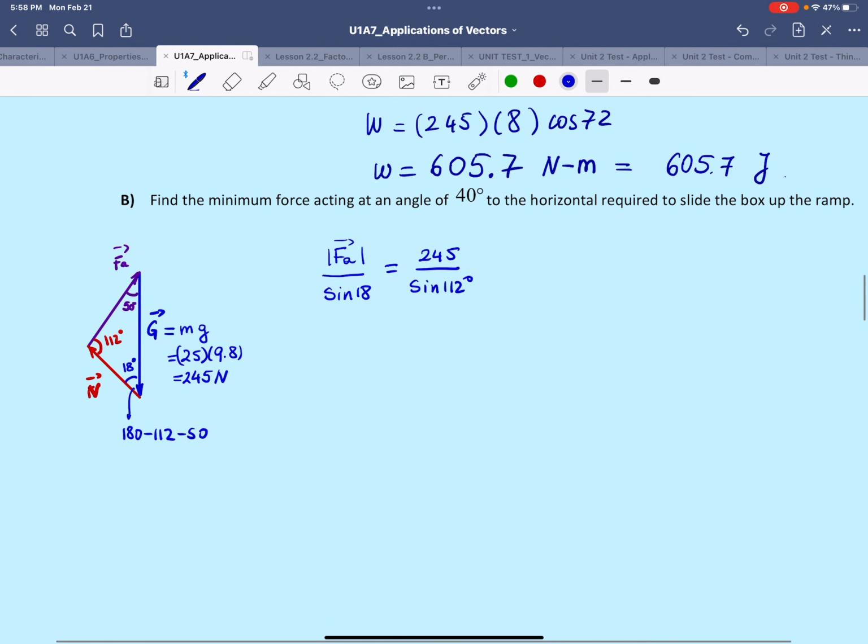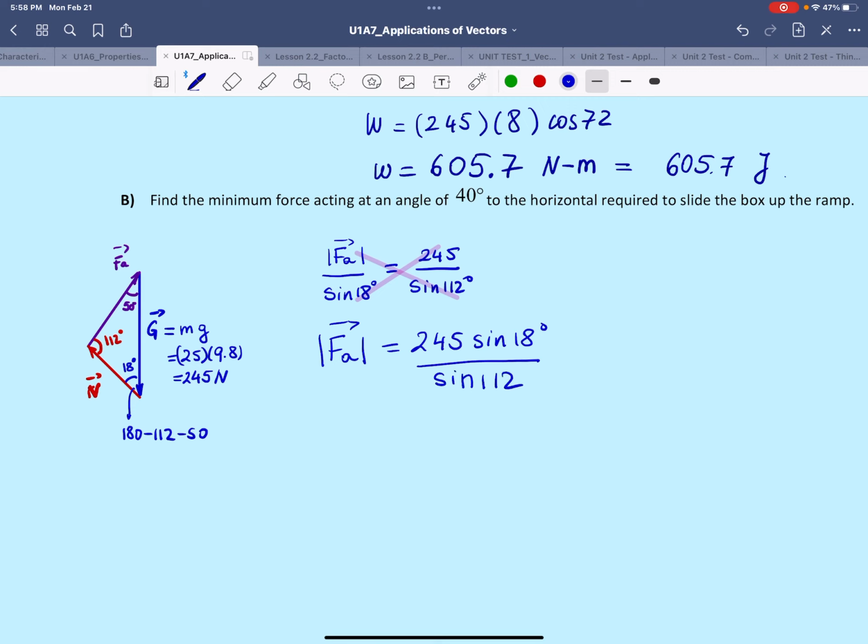So just simply cross multiply to solve for FA. So I would say that the magnitude FA equals 245 sine 18 divided by sine 112.